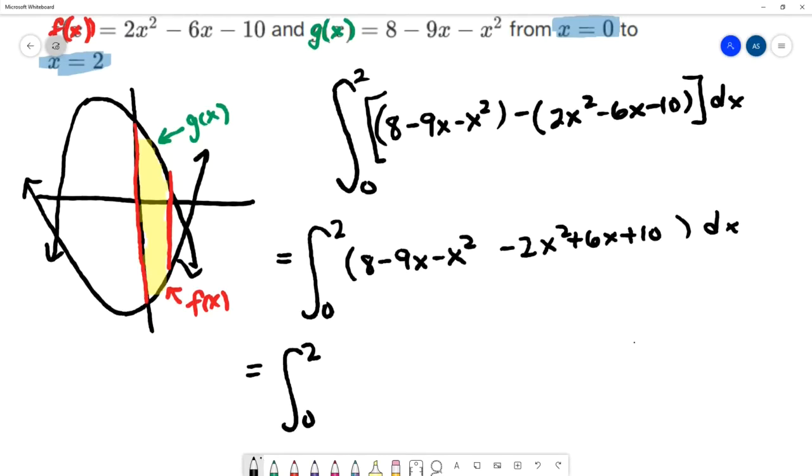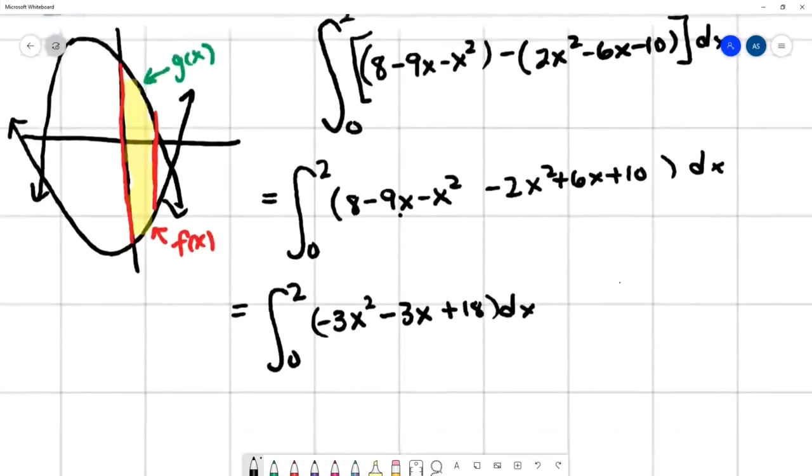I have a negative x squared and a negative 2x squared, that's a negative 3x squared. And for our x's, we have a negative 9x and a positive 6x, so that will be a minus 3x. And for our constants, 8 and 10 combined together to be 18.